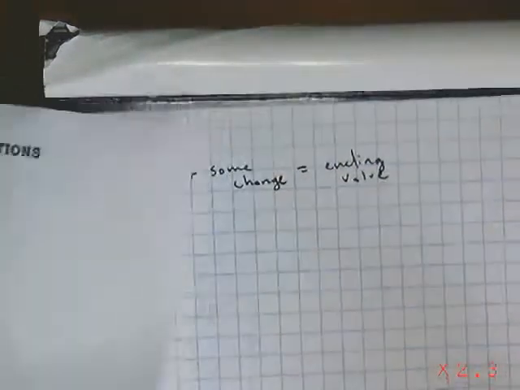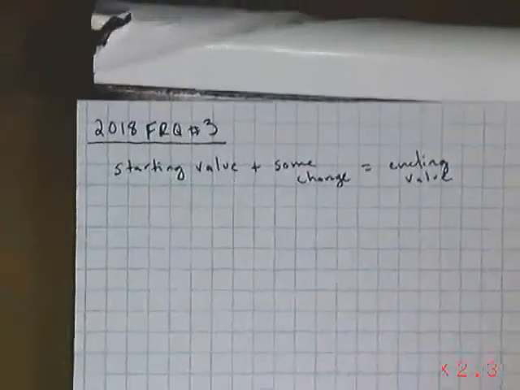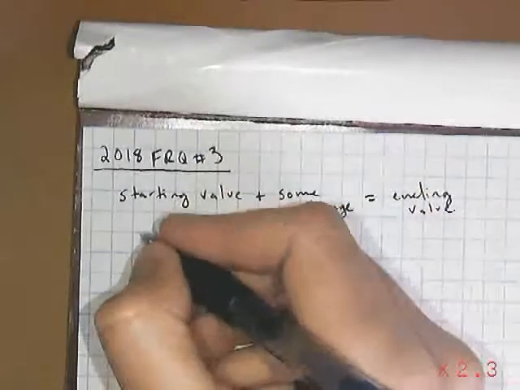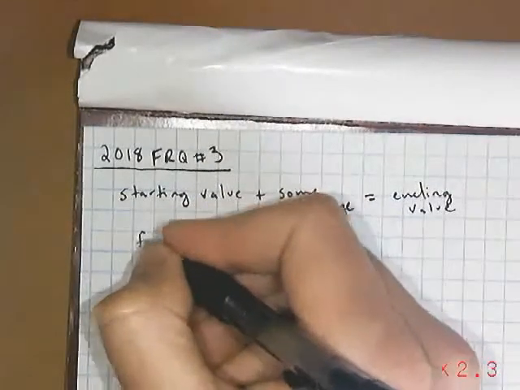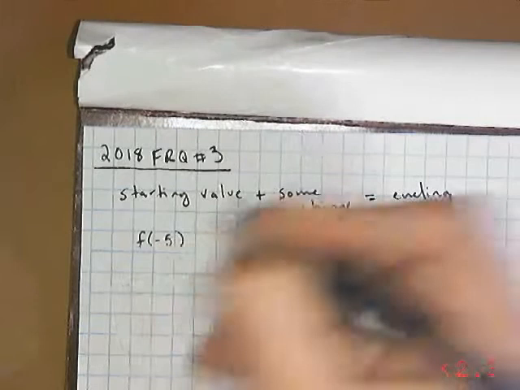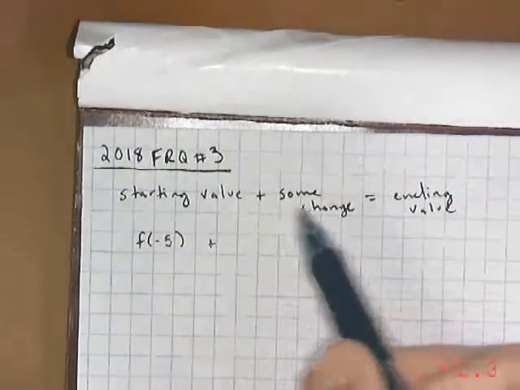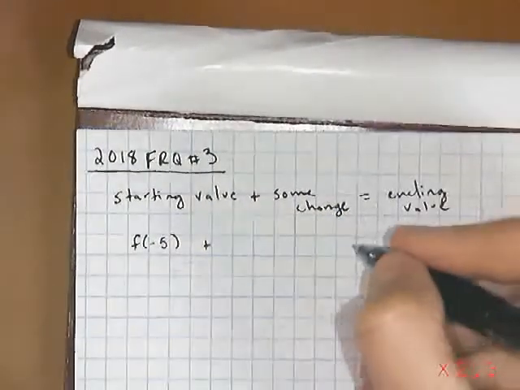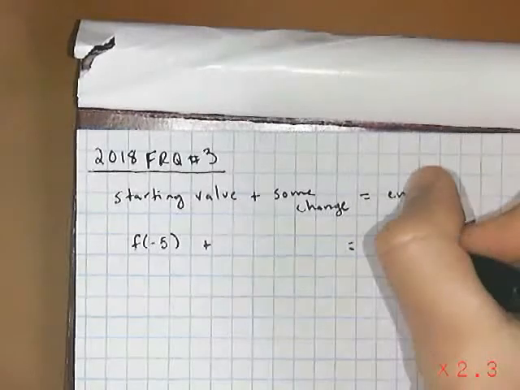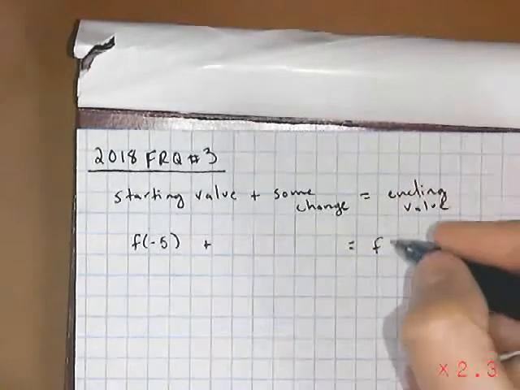So we know where we want to start. f of -5 is our starting value, plus some change, and then we want to get to f of 1.